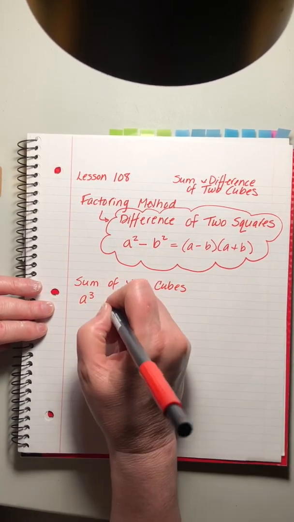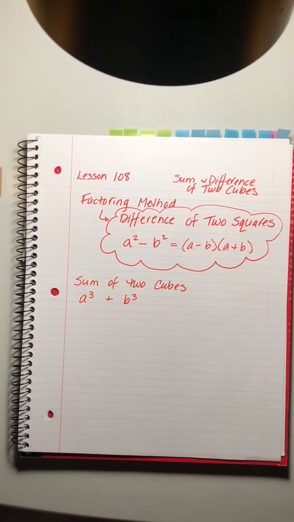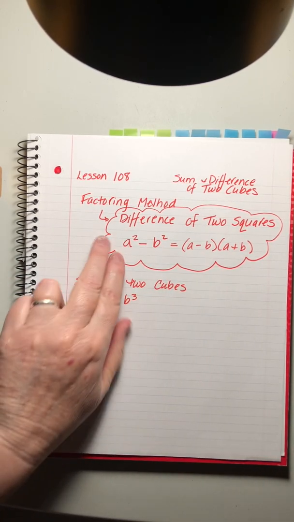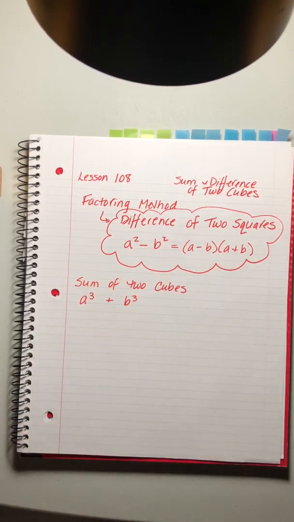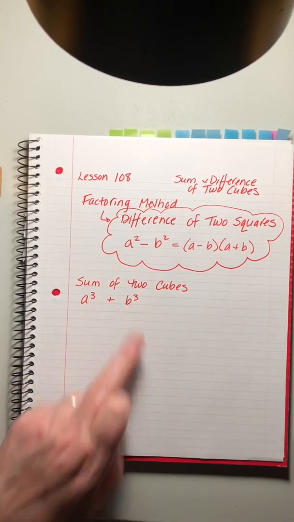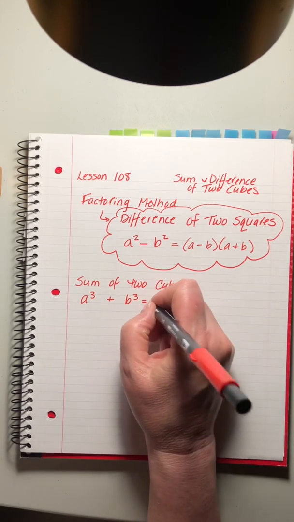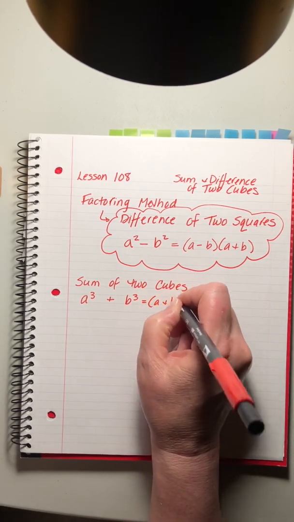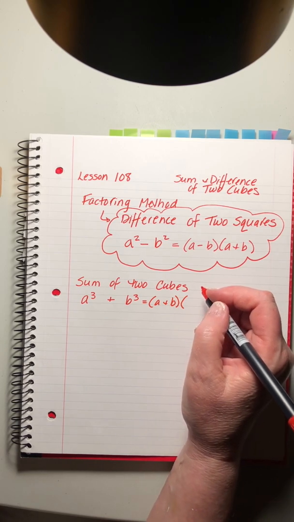It's a cube plus another cube. Difference means subtraction of two squares, and that means they're exponents of 2. Sum means add. Of two cubes means exponents of 3. And here's the automatic way that you factor it. You don't even have to think about it. You do, however, have to memorize it. Oh, how fun, right?